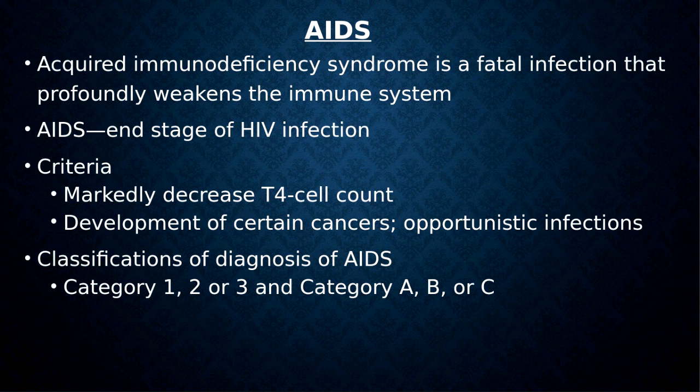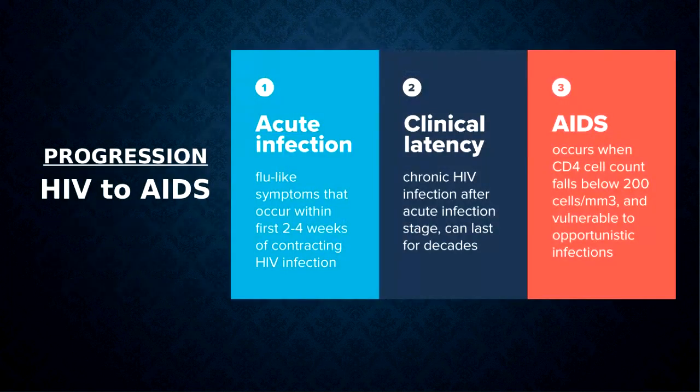So your criteria for AIDS is a decrease in T cell count, certain cancers can develop, and opportunistic infections will be present as well. And this is just a little rundown of your HIV to AIDS progression. In the beginning, it's going to be flu-like symptoms within the first 2 to 4 weeks after contracting the virus.